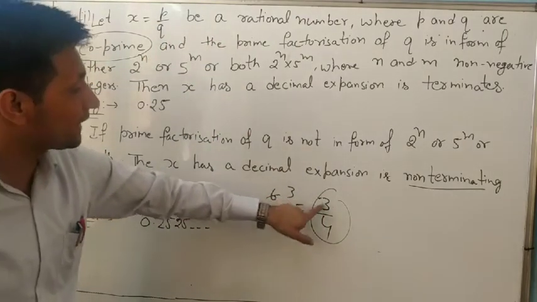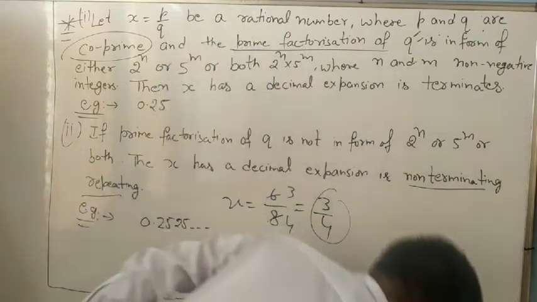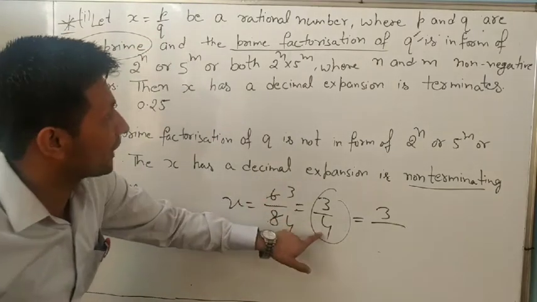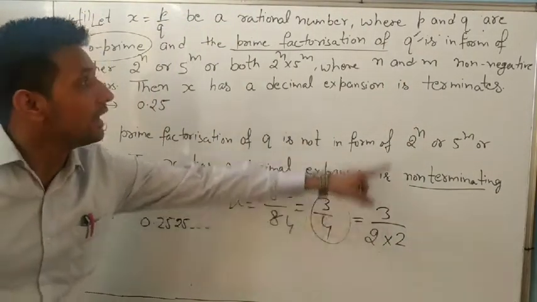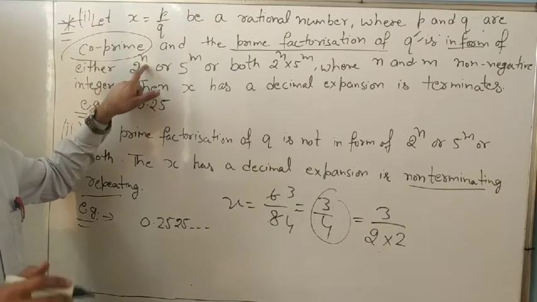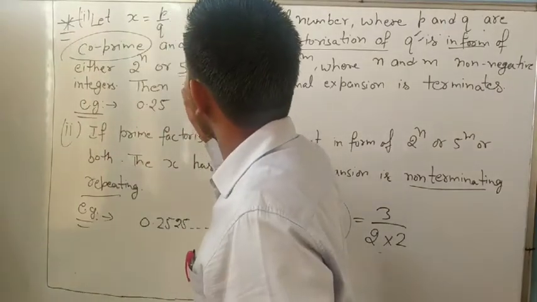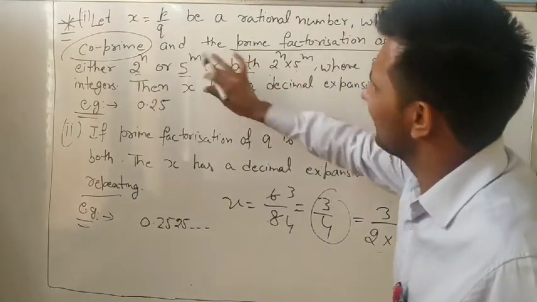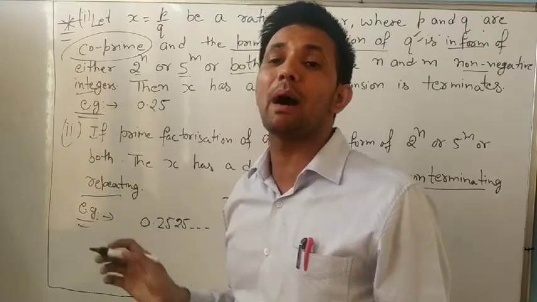Understand? Where p and q are co-prime, and the prime factorization of q, only q, the denominator in p upon q, is in the form of either 2 to the power n, where n means any number, maybe 2 to the power 2 times, 3 times, 4 times, or 5, or both may be included: 2 to the power n and 5 to the power m. The condition given is that n and m are non-negative integers. What does it mean? The powers are positive.